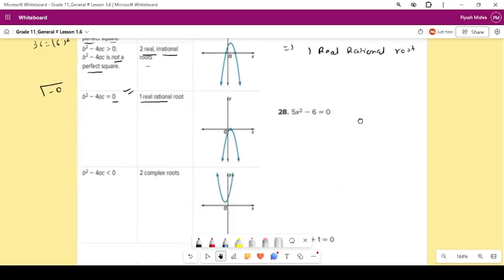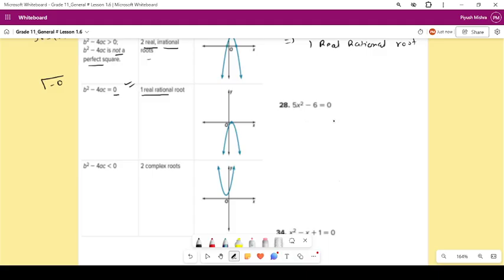Same way I am going to do question number 28. a is equal to 5. Think, what is b? So here, as you are thinking correct, b will be equal to 0 and c will be equal to minus 6. Again, b square minus 4ac.